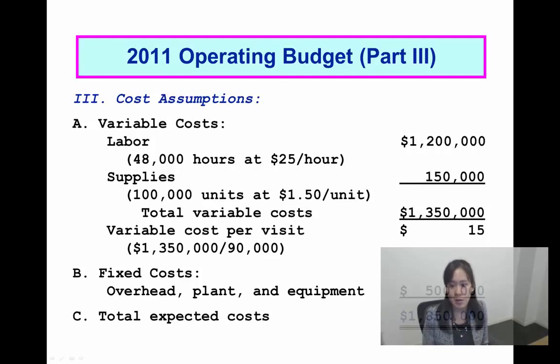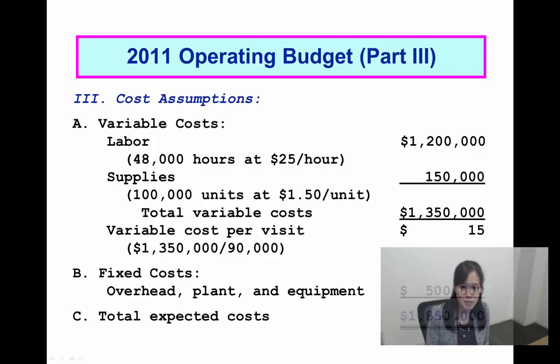For the labor costs, Carroll Clinic has estimated that they need about 48,000 hours to provide care to all of their patients, the fee-for-service and their capitated patients. With 48,000 labor hours at a wage of $25 per hour, labor costs will total $1.2 million. In addition to labor, you need supplies.